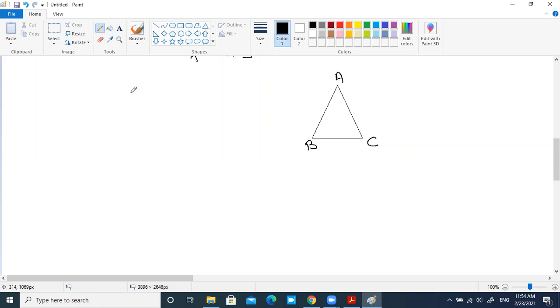Assume that we have a triangle ABC, any triangle, and let's say G is the centroid of triangle ABC. Do you know the meaning of centroid?